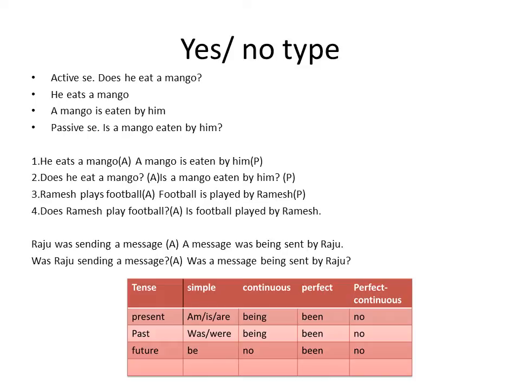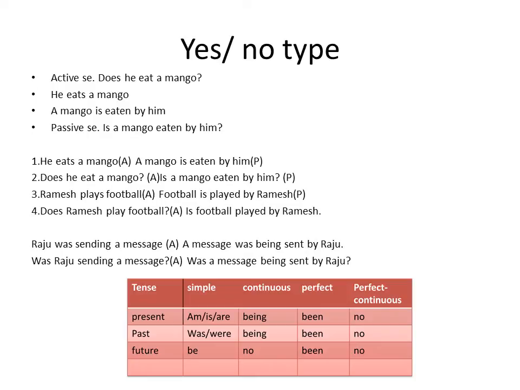Let's see the sentence: Does he eat a mango? Here the simple or assertive sentence will be: he eats a mango. Then we know how to change this into a passive sentence: A mango is eaten by him. Look at the chart of tense forms.